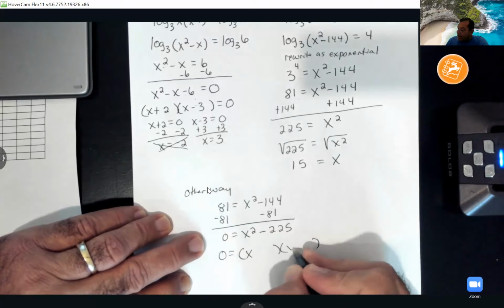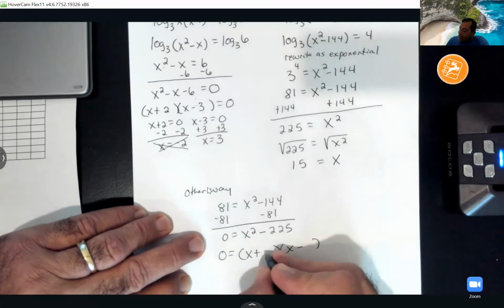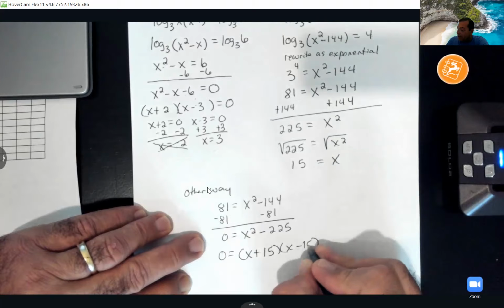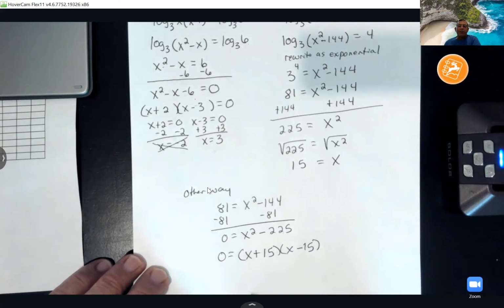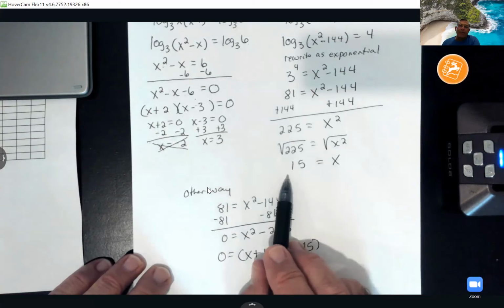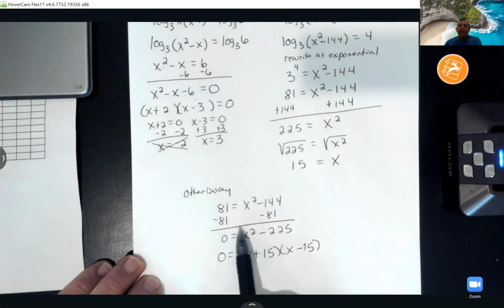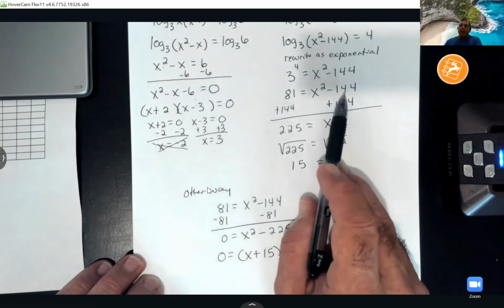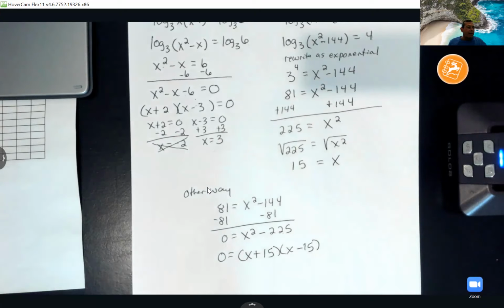You did an x and an x, plus and minus. Square root of 225 would still be 15. So you'd have factored it into conjugate pairs and then set each of them equal to 0. And you'd have still thrown out the negative answer, okay? So either way, you'll get that 15. If you like factoring better, do it like this. If you like doing square roots, move that number over and then square root it.